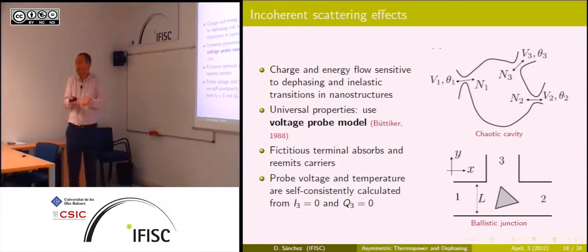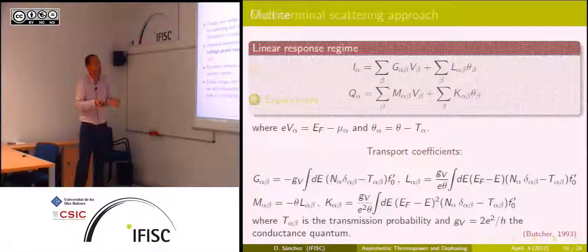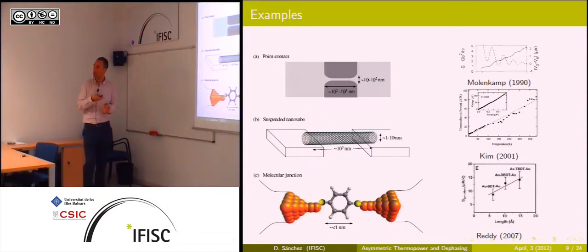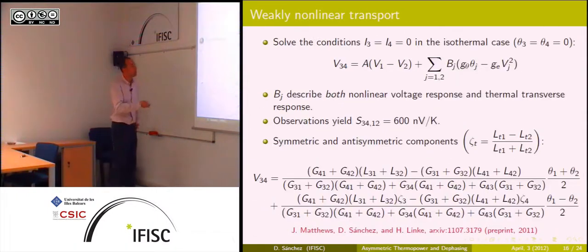But of course, in reality, you could have inelasticity or dephasing. For instance, these molecules here vibrate, or the nanotube. So you can have your electron coupled to phonon modes, which can cause dephasing. So you can have many of these effects taking place in the nanoconductor.